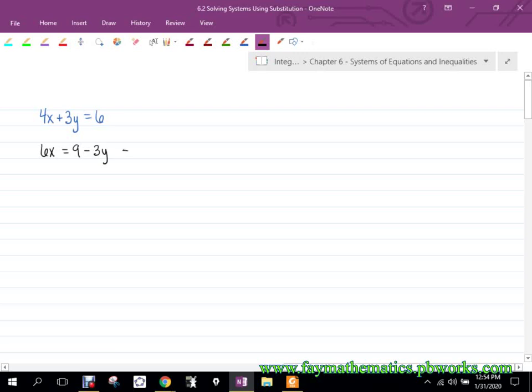And we can do it this way if you want to. So, you guys agree that 6x minus 9 would equal negative 3y? Does that make sense? Now what could you do?